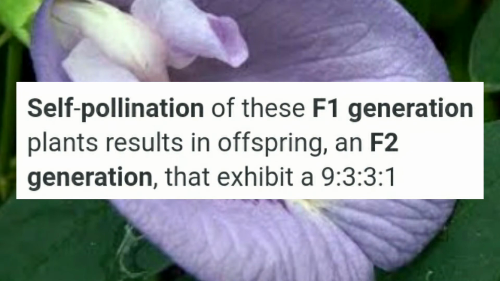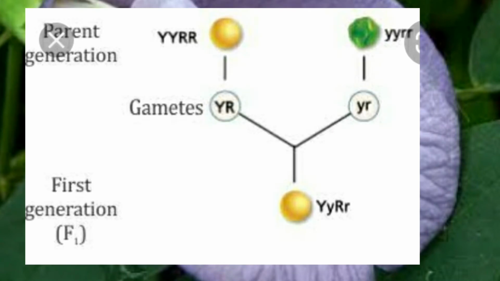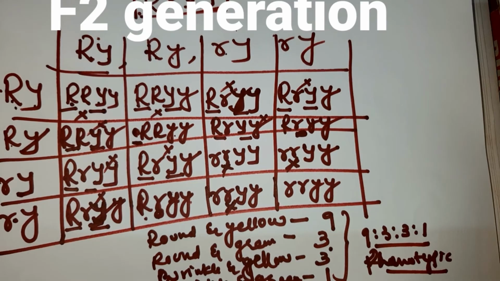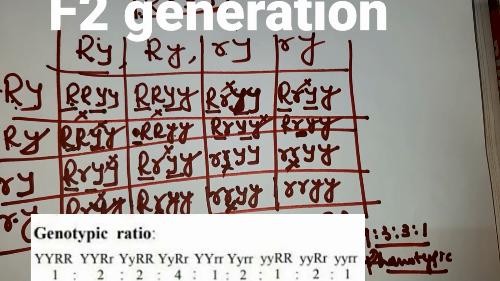So when the plants of the F1 generation with round and yellow seeds are collected and self-pollinated, the result in the F2 generation is 9:3:3:1, children. We shall see that with the help of a checkerboard. Genotypic ratio, children. Genotypic is based on the genes. You are going to study and give the ratio based on the genes, children.